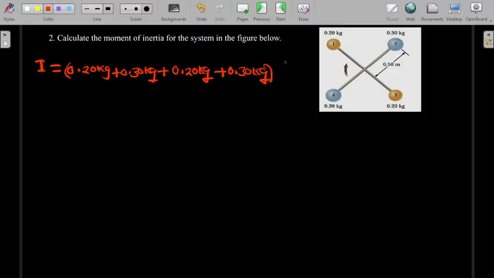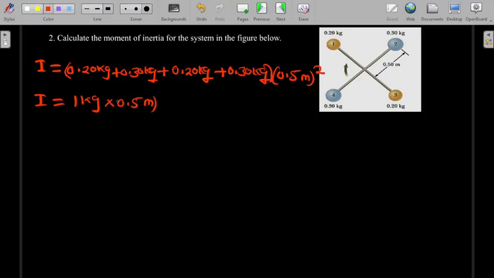Then after adding, you multiply by the radius, which is 0.5 meters.